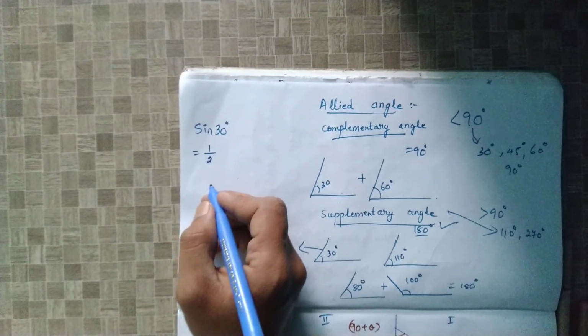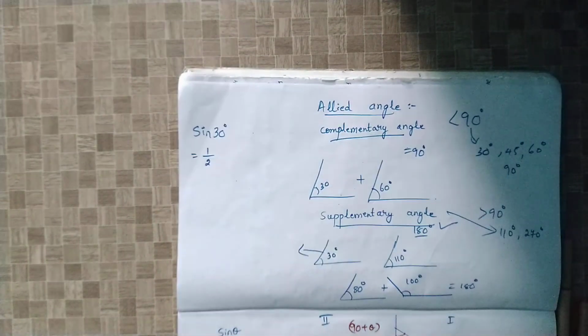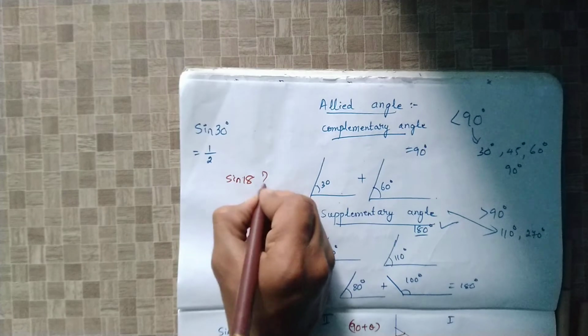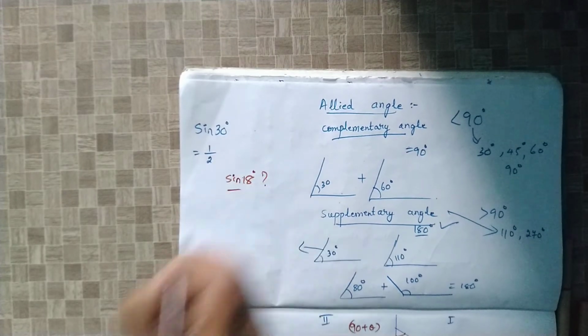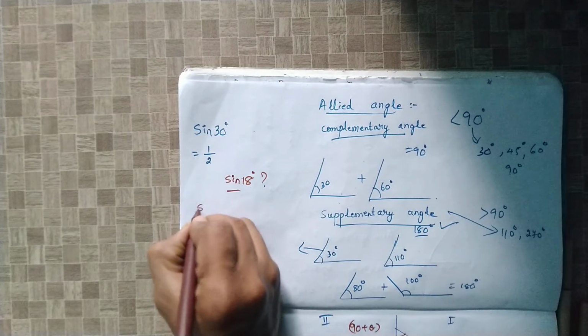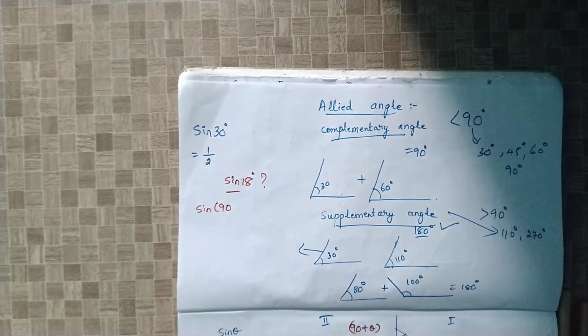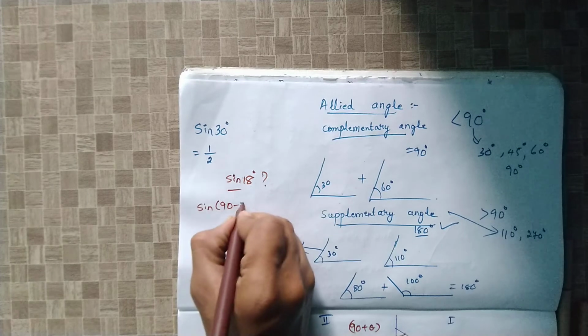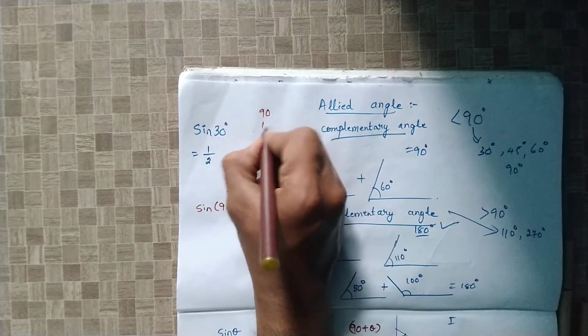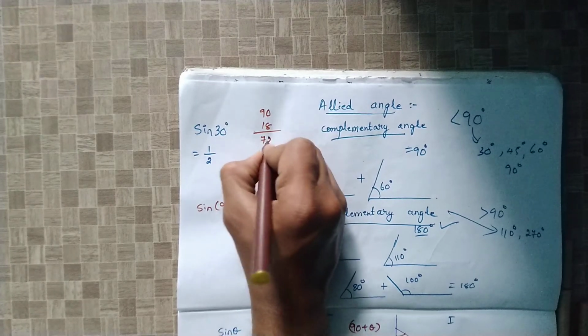Similarly, if you are asked what is sine 18 degrees, then how do you solve this? What will the answer be? We first write sine of 90 minus 72. If you subtract 18 from 90, then you get 72.